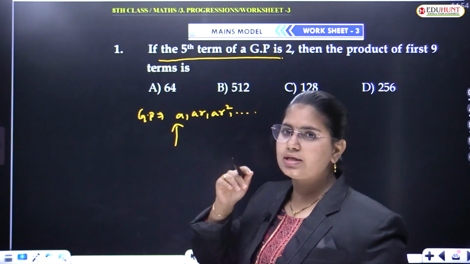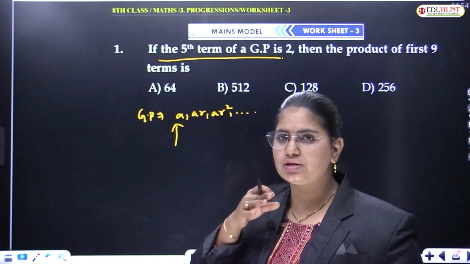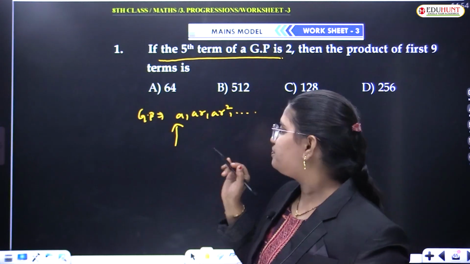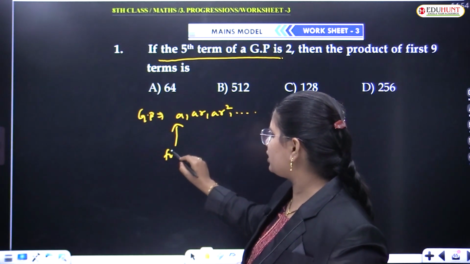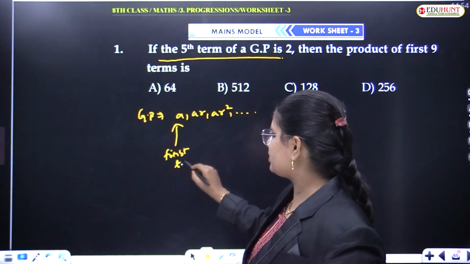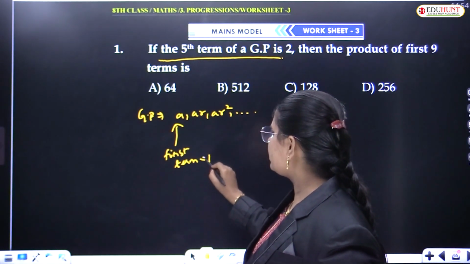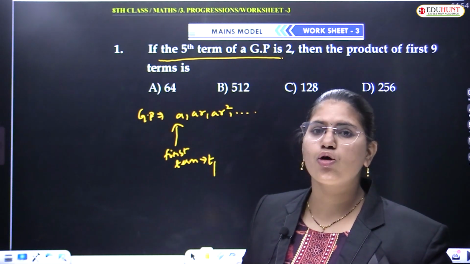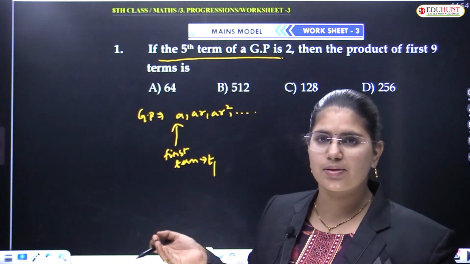As usual, same like an AP, the first term is usually denoted with a small letter a. Yes, this is my first term, which is represented with T1. In AP, you are finding a common difference, by addition or subtraction.